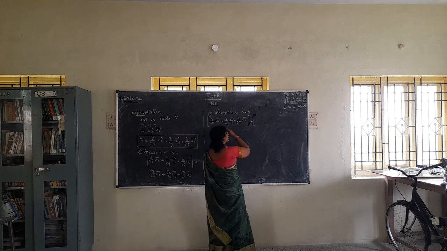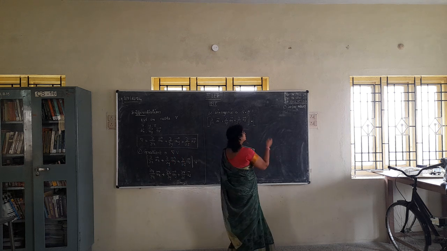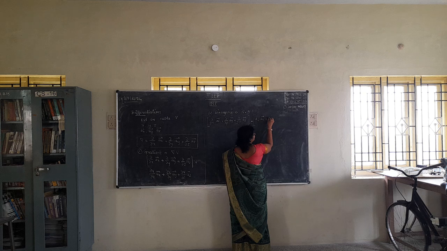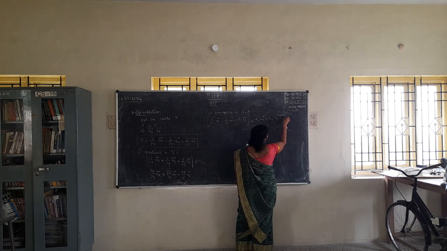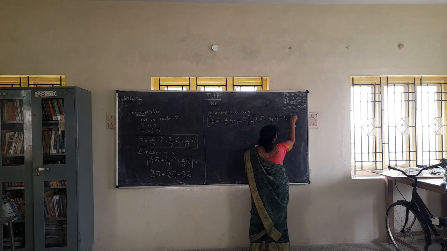Correct? Now since there are 3 axes, it should have 3 axes. So coefficient of x is taken as ax vector, plus coefficient of y is ay vector, coefficient of z is az vector.